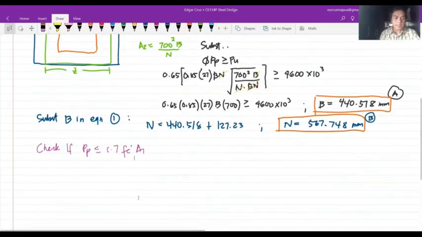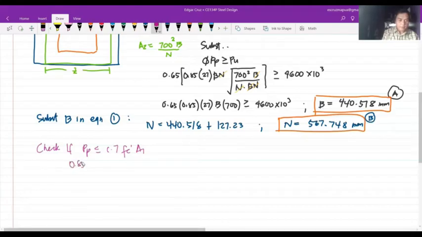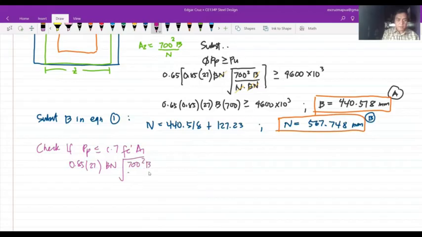Okay, so let us check. Okay, ano yung PP ulit? PP is 0.85 FC prime, B times N. Tapos square root of 700 square B over N times Bn.